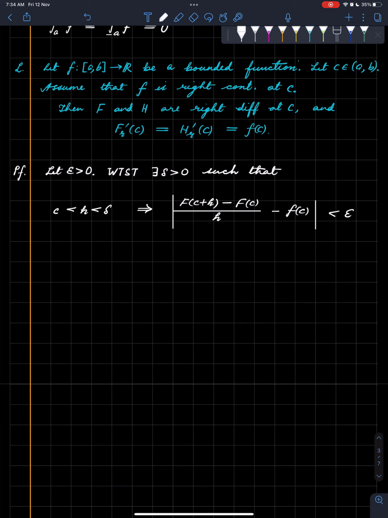So this will prove the right differentiability of capital F, and in fact it will show that the right derivative is nothing but that. So it will prove the existence and the value simultaneously.